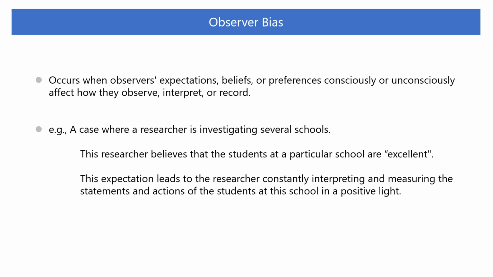For example, let's imagine a case where a researcher is investigating several schools. Let's say that this researcher believes that the students at a particular school are excellent. This expectation could lead to the researcher constantly interpreting and measuring the statements and actions of the students at the school in a positive light.